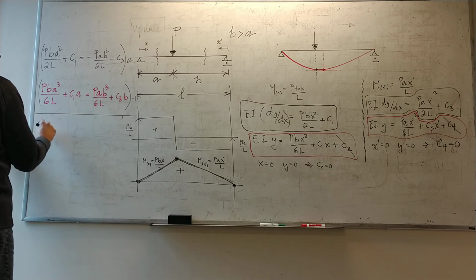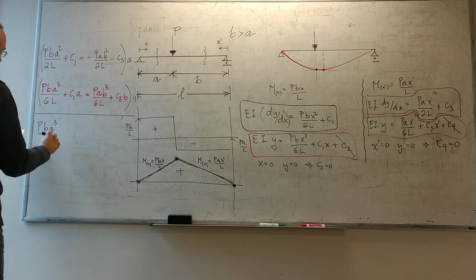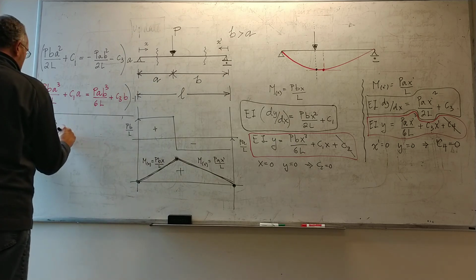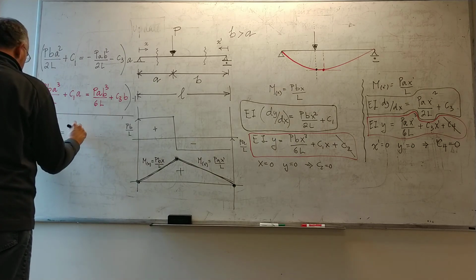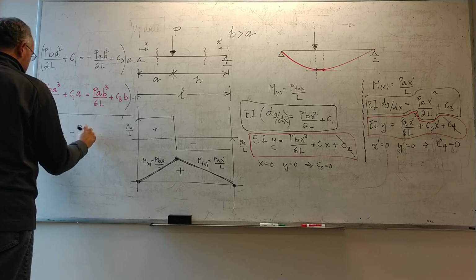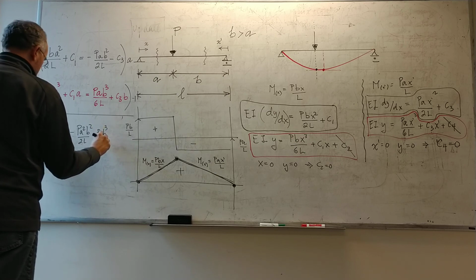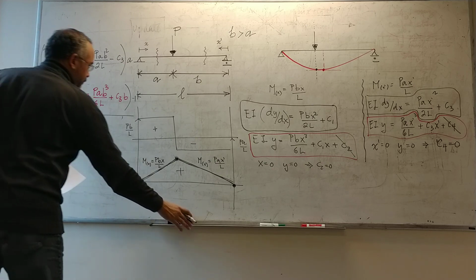P B A cubed divided by 3L. Basically, that is this term, P B A cubed, right? So it's 1/2 minus 1/6. You get 1/3. That equals minus P A square B square over 2L minus P A B cubed divided by 6L.